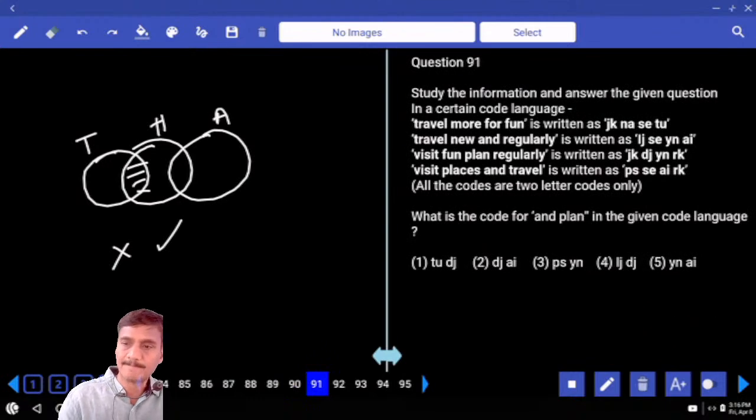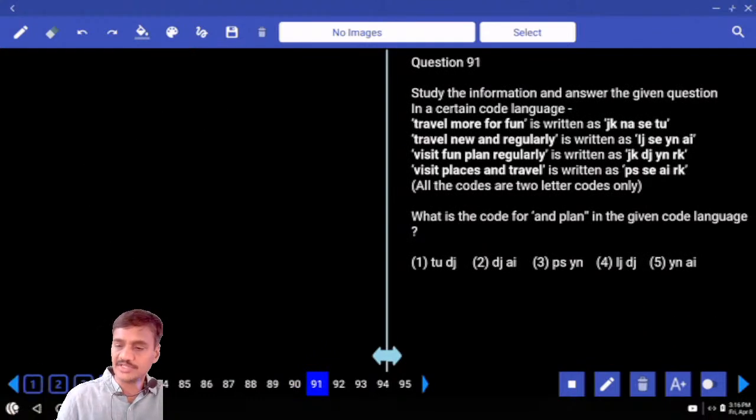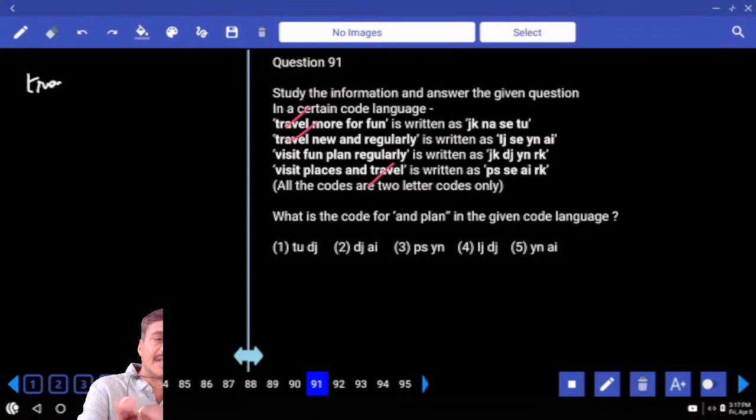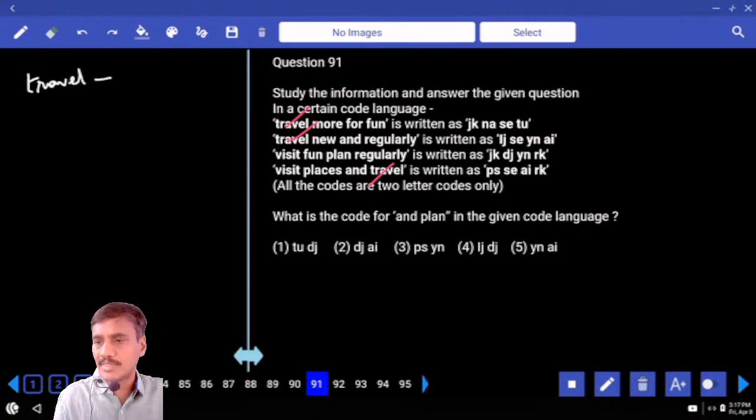Then 91. 91 to 95 is based on coding and decoding. Now in this coding and decoding, travel more fun, travel new and regularly. Now tell me what is the word that is common between the first and the second? In all these 3 words, travel is the word that is common, and the code that is common is SC.